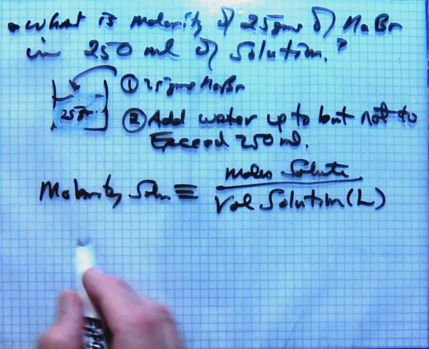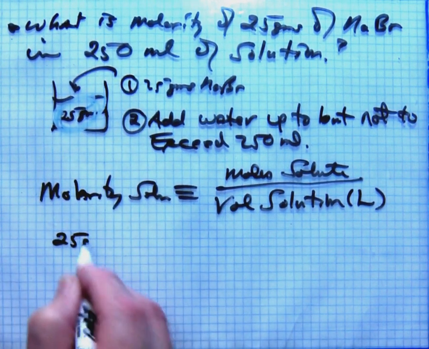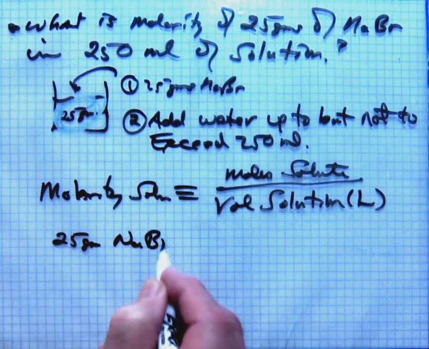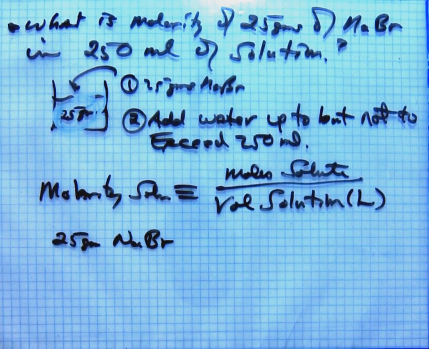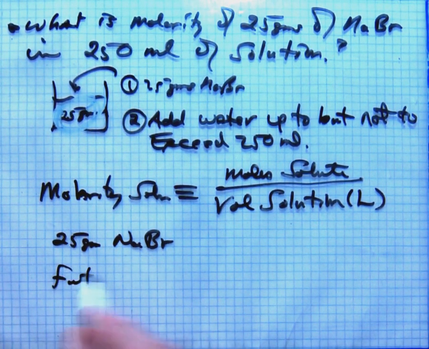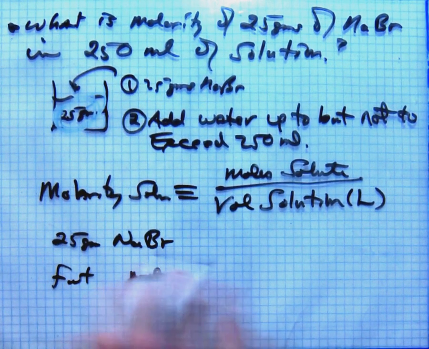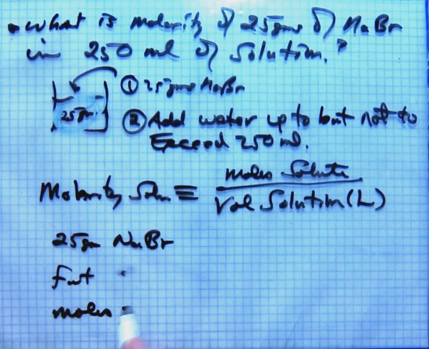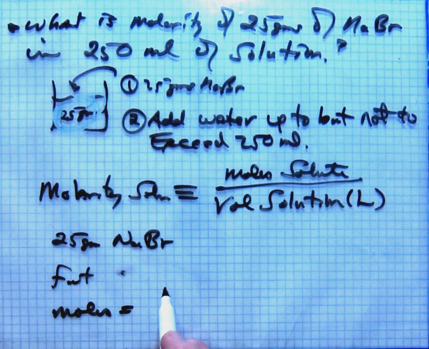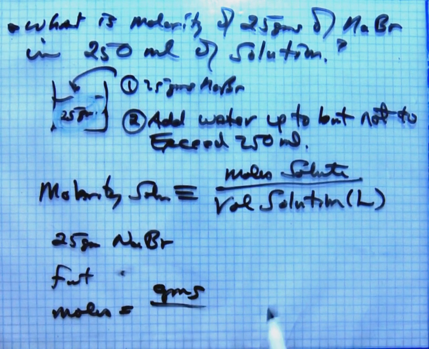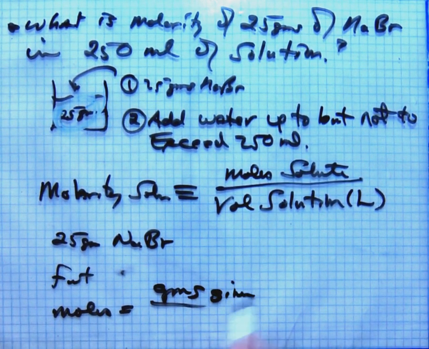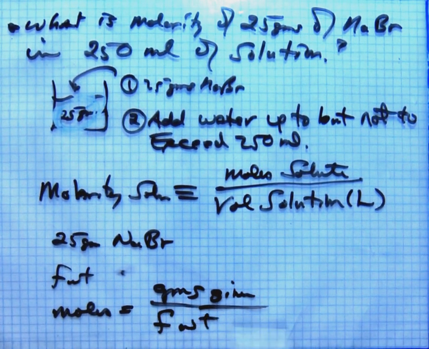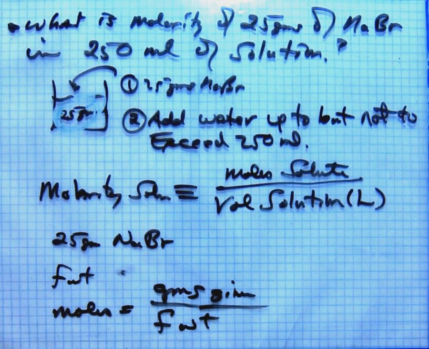Okay, so we have 25 grams of sodium bromide. From the periodic table, we're going to get the formula weight, because moles is equal to, listen to me, grams given divided by formula weight of the reagent or the molecule that you're using.